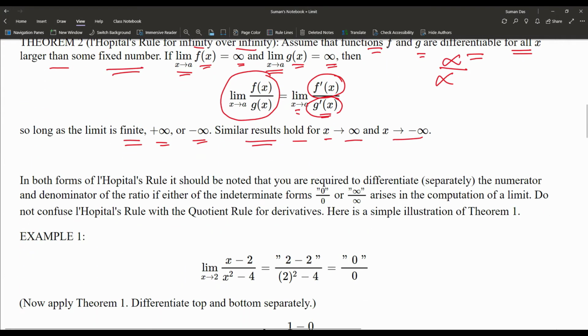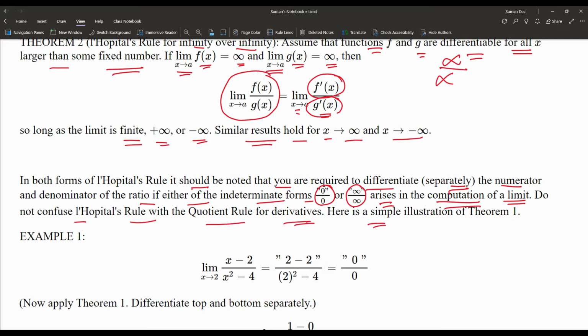In both forms of L'Hopital's rule, it should be noted that you are required to differentiate separately the numerator and denominator of the ratio if either of the indeterminate forms 0 by 0 or infinity by infinity arises in the computation of a limit. Do not confuse L'Hopital's rule with the quotient rule for derivatives.